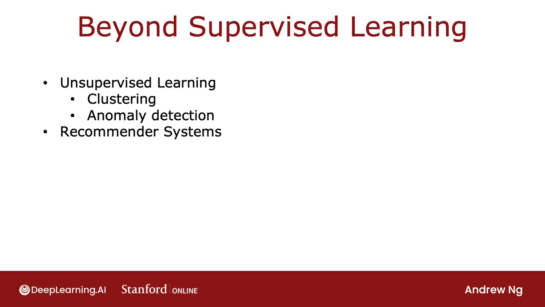In the third and final week of this course, you learn about reinforcement learning. You may have read in the news about reinforcement learning being great at playing a variety of video games, even outperforming humans. I've also used reinforcement learning many times myself to control a variety of different robots.